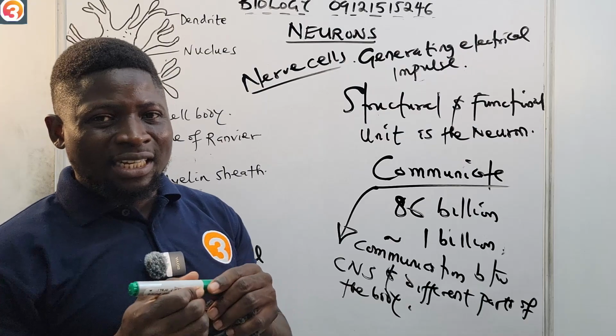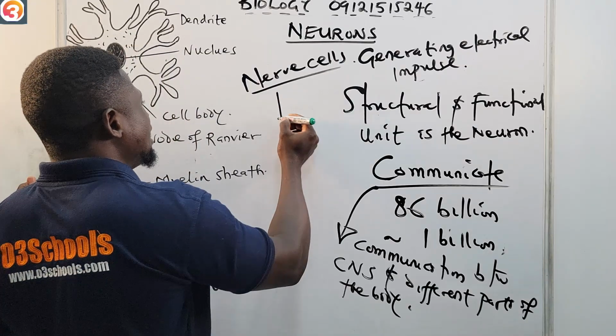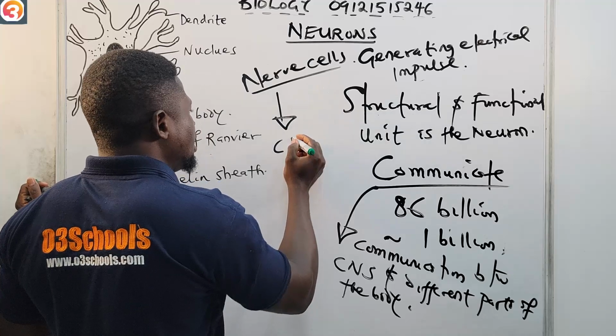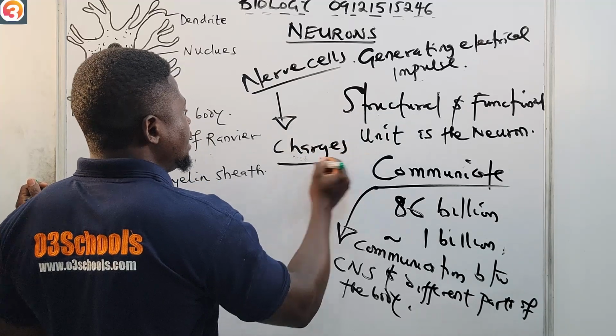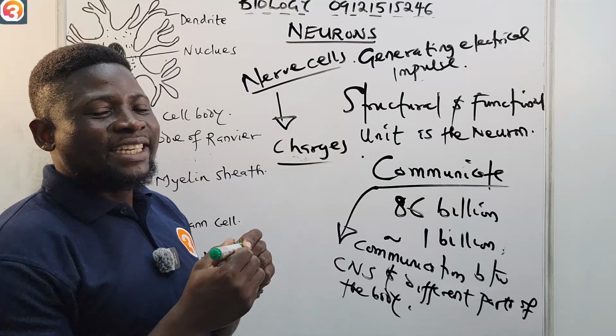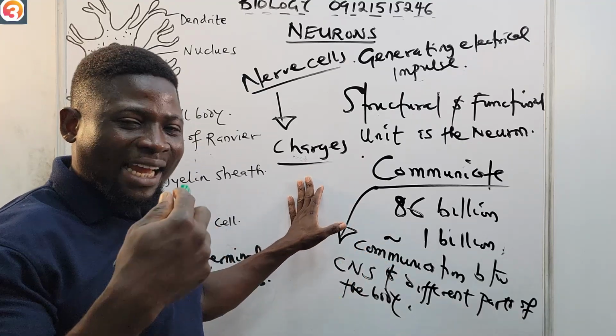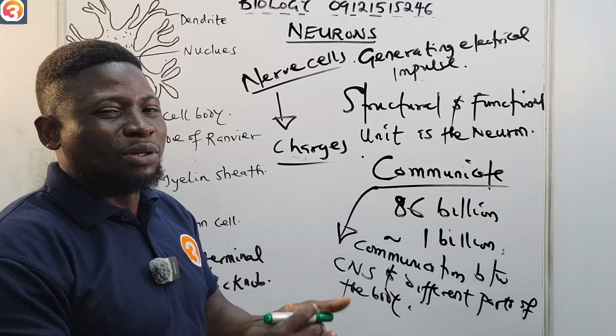And these neurons contain charges. Why do they contain charges? It's because an electrical impulse is being generated.